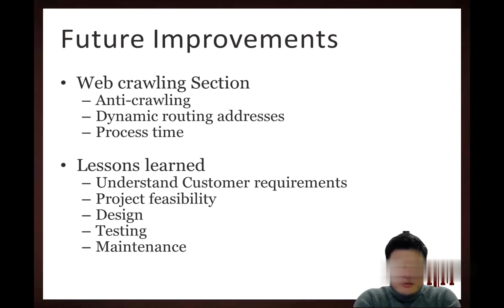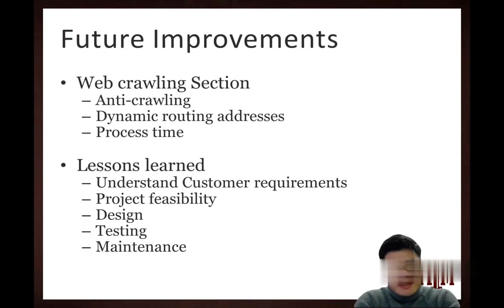I think the main focus for this project in the future should be on the web crawling section. While we were working on this project, some websites the customer provided have some anti-crawling prevention, so sometimes you couldn't get the data easily from those websites.